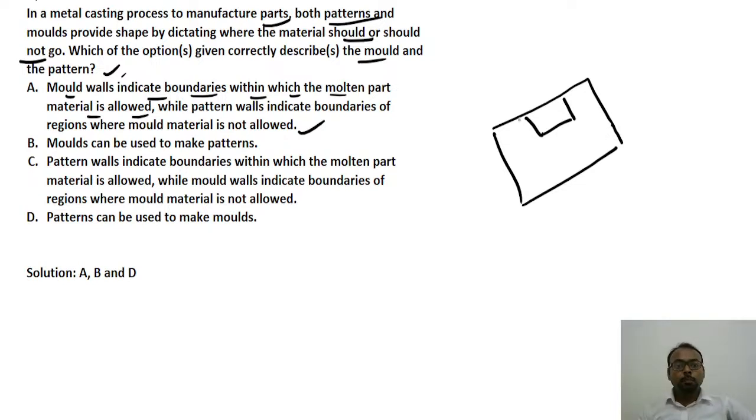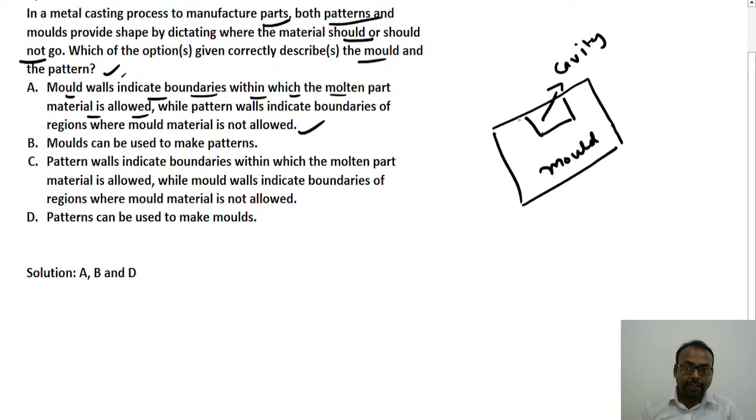So this is your mold, and this is your mold cavity, and this cavity is made with the help of the pattern. This option is saying mold walls indicate boundaries within which the molten part material is allowed. So yes, mold walls allow the molten metal to come inside of that.